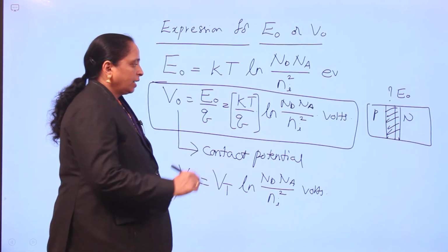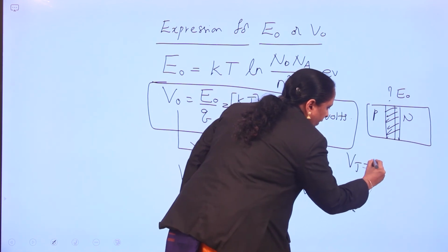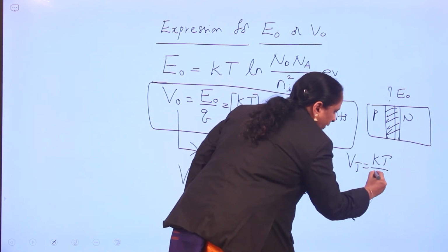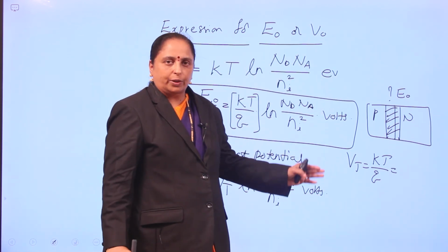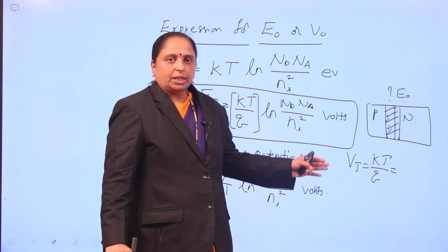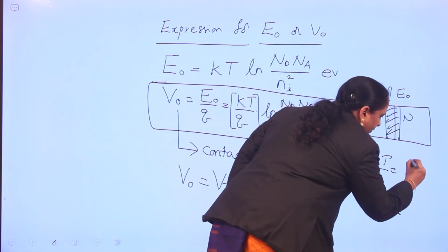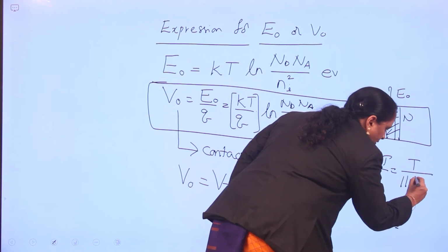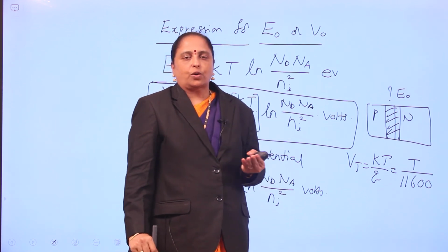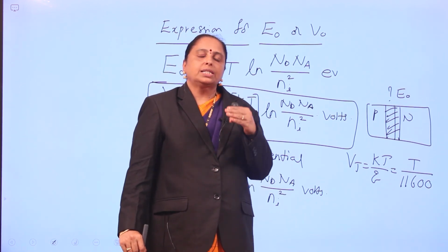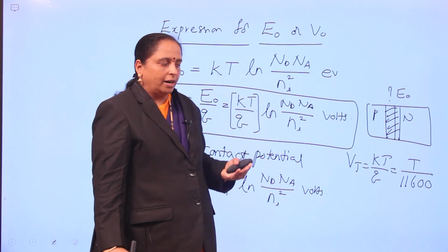Then what is this VT? VT is equal to KT by Q, and you know the typical values of K and Q. After substituting the charge on each electron and the Boltzmann constant, we will get T by 11,600. So at absolute temperature T equal to 300 Kelvin, or 27 degrees centigrade, 27 plus 273, it will become 300.